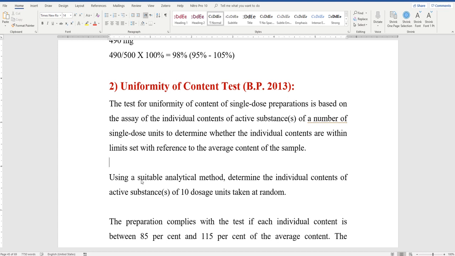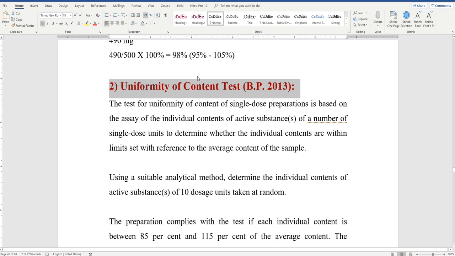Some other pharmacopoeia say 2% or less, or 2 milligram or less. So there is variability, but in all of them they say that when there is a very small quantity of the drug in the tablet, then you need to do this test. Otherwise, you don't need to do this test. Instead, you can do another test, which we'll talk about later.